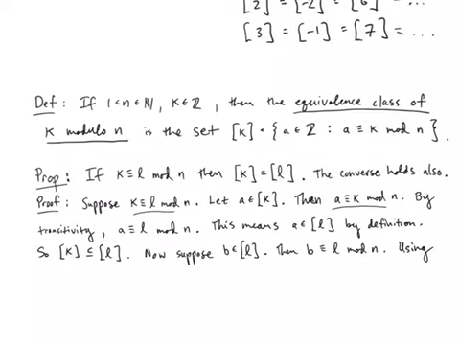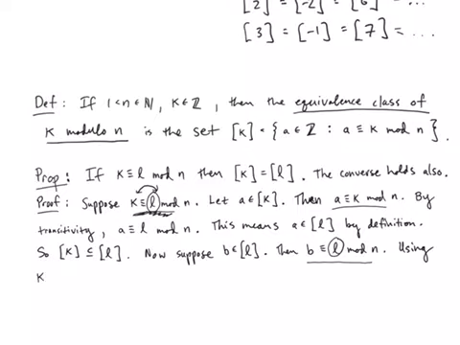So we want to say that b is equivalent to k mod n. So we have b is equivalent to l here, and we have k is equivalent to l there, right? So l, that's our middleman. We have l here, we have l here. So we should be able to say that b is equivalent to k by transitivity. It's just that first we have to use the symmetric property. So we have to put the l here, and we have to move that over there. So we have to switch them around.